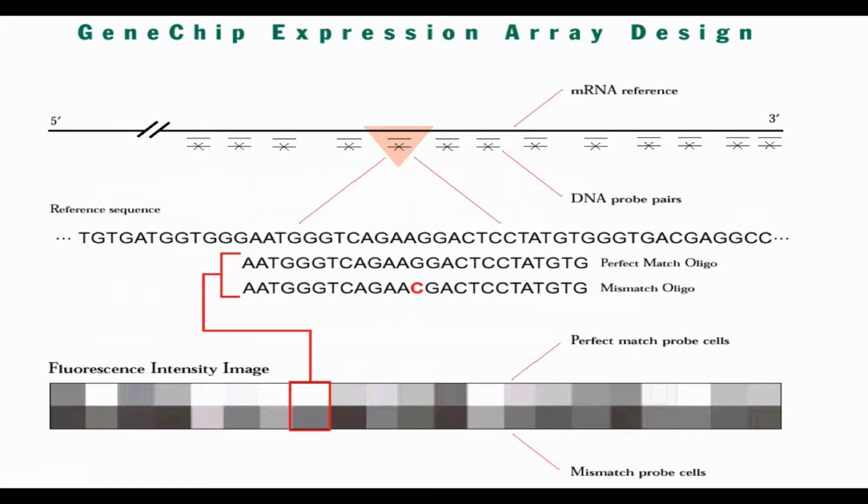Empirically, when we observe the behavior of these mismatch probes, they are wildly inconsistent, and they seem to add noise and no value to the data, which is fascinating that they've continued to double the cost of producing the chips for 15 years after it was clearly proven that the mismatch probes subtract value from the data.